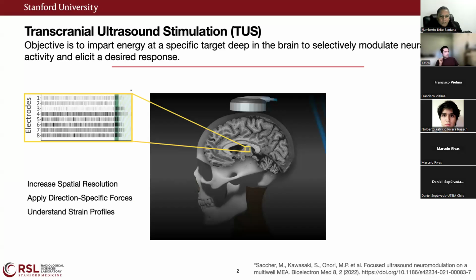The third thing is that we should probably have a better understanding of the strain profile, because again, there is some research showing that it could be the case that neurons will respond selectively to positive strain versus negative strain. And lastly, it would be nice if we could apply selective pressures.